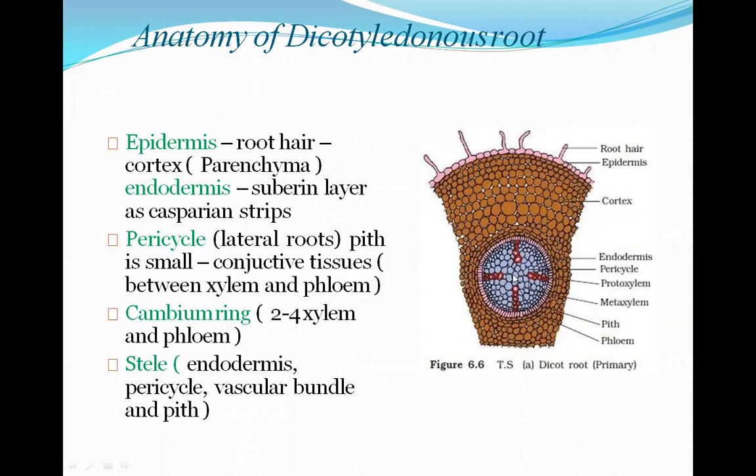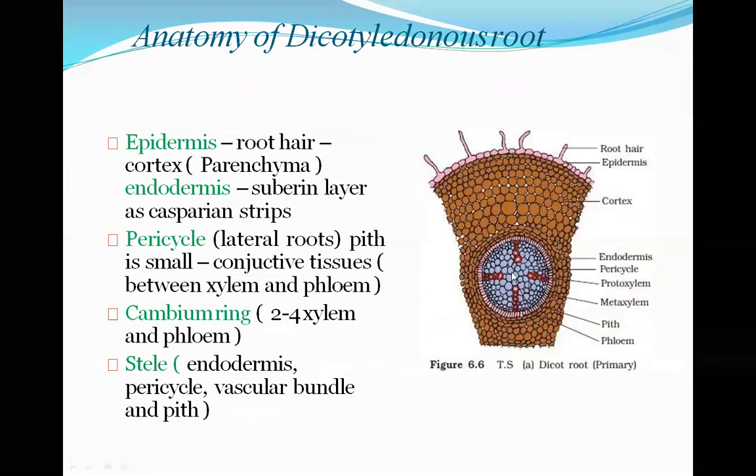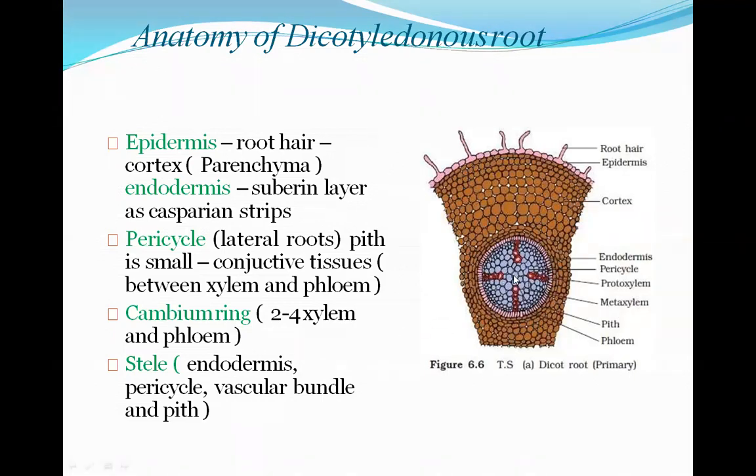So in the pericycle there will be the presence of two types of tissues. The first is the xylem tissue and the second is the phloem tissue, and in between them there is the conjunctive tissue which is responsible for binding them with each other, right? There is also the pith which is present in the center, in a small form, right? So the circle which is present in between is showing the pericycle.